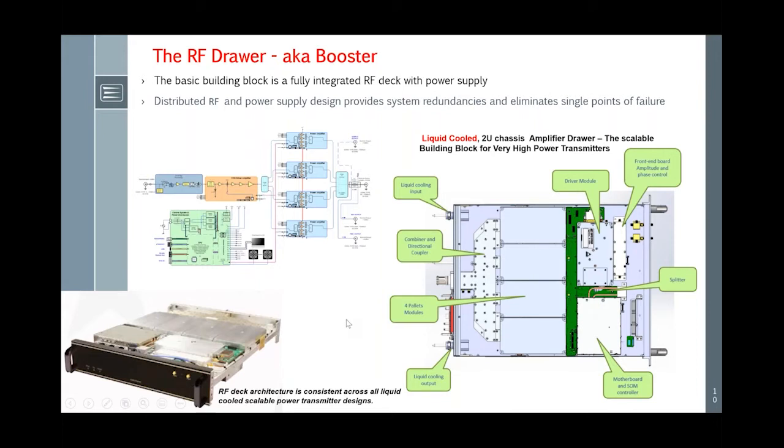Now, let me explain how this always on air works. With this 1 driving 4 arrangement, if a pallet goes down, the 1 driving 3 section continues to operate with the output dropping fractionally. If a driver fails, the driver driving 4 pallets, then the entire drawer fails. But in either case, the system is still putting out power with only a fractional loss.